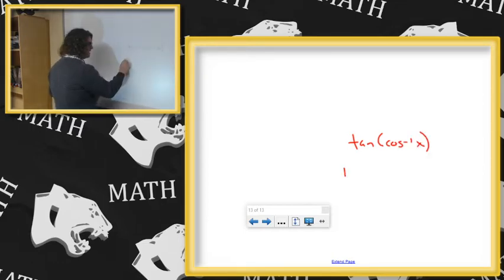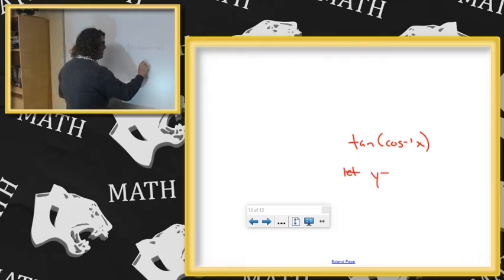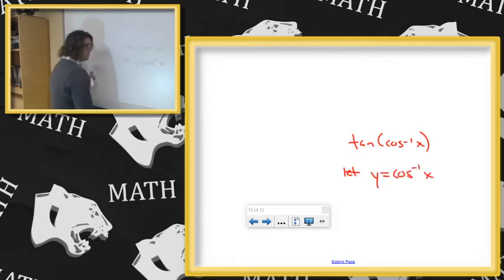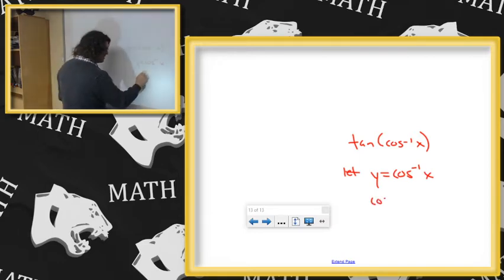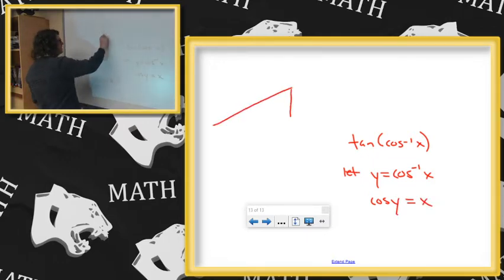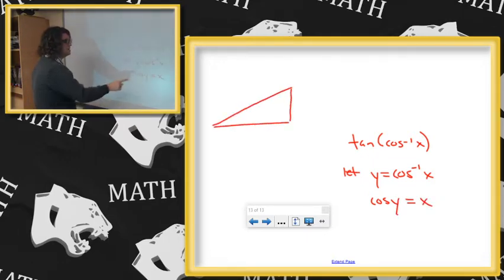So I'm going to say let y equal inverse cosine of x, which means that the cosine of y is equal to x. So if I draw a little diagram, and y is our angle down here, then the cosine of this angle, which is adjacent over hypotenuse, is supposed to give us x.